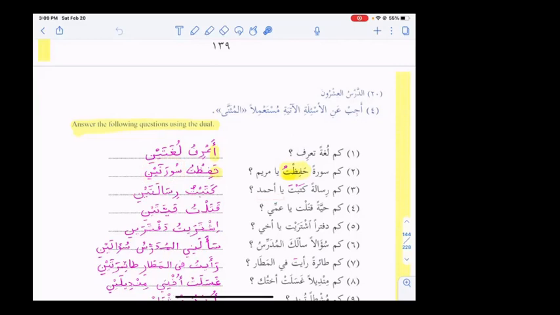I think it seems like everything is mafulun bihi. Katabtu risalataini, I wrote 2 letters. Risalataini is mafulun bihi mansub bil ya, liannahu musanna.